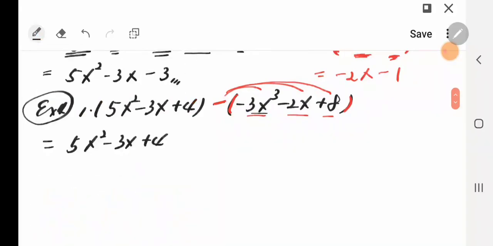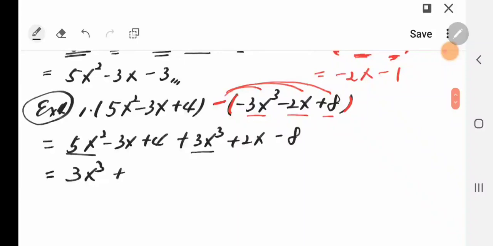So negative 3x cubed becomes plus 3x cubed, and minus 2x becomes plus 2x, plus x now will be negative 8, minus 8. And then write the terms starting with the largest exponent term. So there is only one x cubed, write it down. And x squared, do we have x squared? Yes, there's only one also, so write down plus 5x squared.